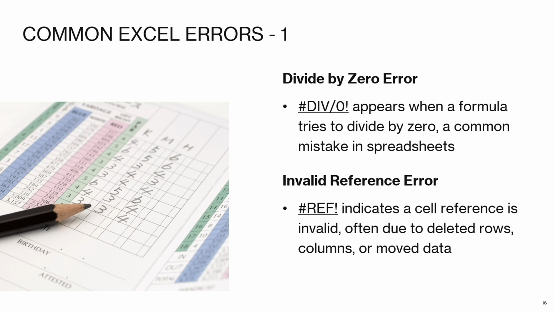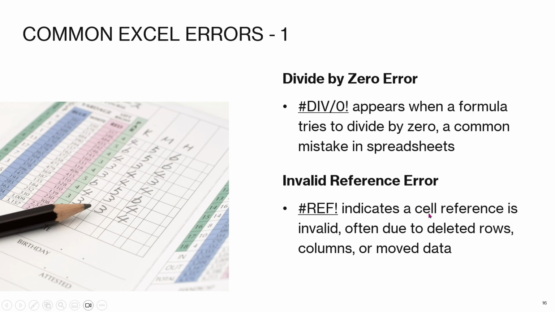So, for instance, if you were to try to divide something by zero, this is the error that you will see. That happens to be a very common mistake in spreadsheets. For instance, if you were referring to a cell that was either empty or there was a zero in that cell and you tried to divide by the value of that cell, you may get this divide by zero error.